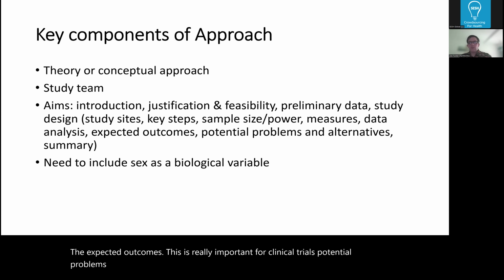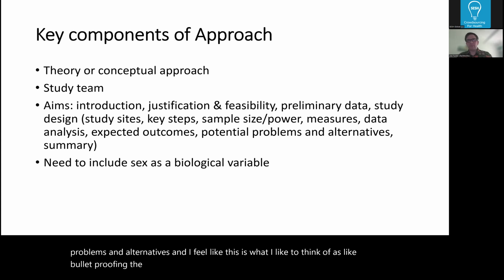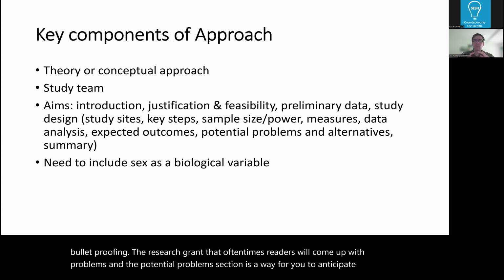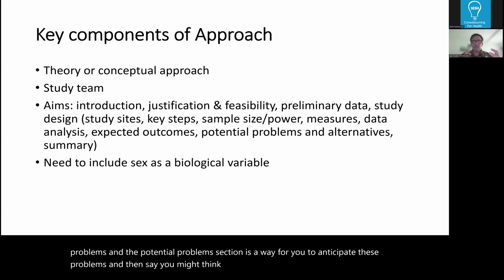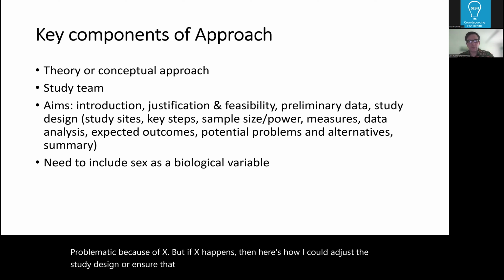I like to think of this as bulletproofing the research grant, because readers will often come up with problems, and the potential problems section is a way for you to anticipate them and say, you might think this is going to be problematic because of X, but if X happens, then here's how I could adjust the study design or ensure that the study would still be feasible and generate compelling data.